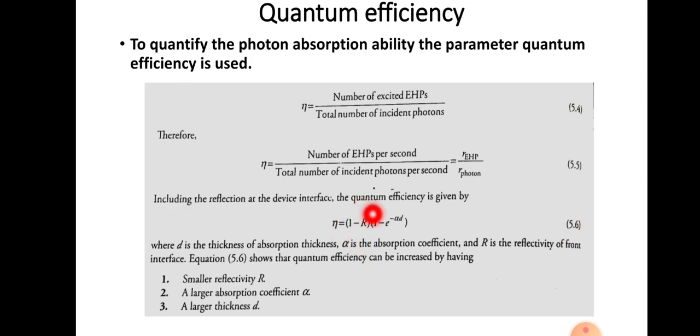You can see from this that in order to improve the quantum efficiency, we have to reduce this reflectivity. So smaller reflectivity will produce a higher quantum efficiency. Similarly, a larger absorption coefficient alpha and larger thickness d produce higher quantum efficiency, but we cannot increase the thickness beyond a certain limit. It will reduce the overall efficiency.